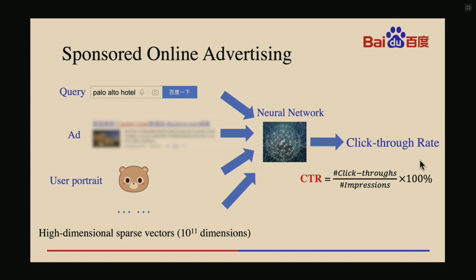And we can also have some inputs like the user portrait, containing something like the gender of the user and the geographical information of the user. With those many things, we usually have a high dimensional sparse vector. It is very sparse because those inputs are encoded in a one-hot fashion.